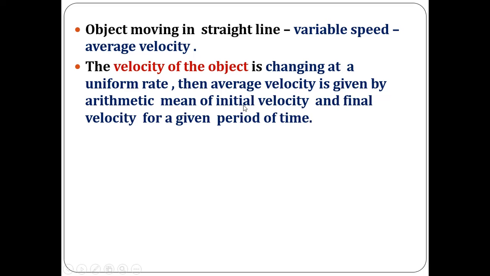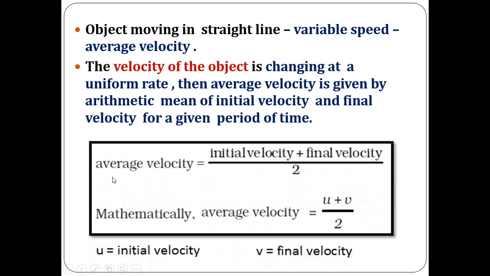Initial velocity means the speed when it started. Final velocity means the velocity when it reaches from one place to another in a given period of time. So average velocity is equal to initial velocity plus final velocity divided by 2.